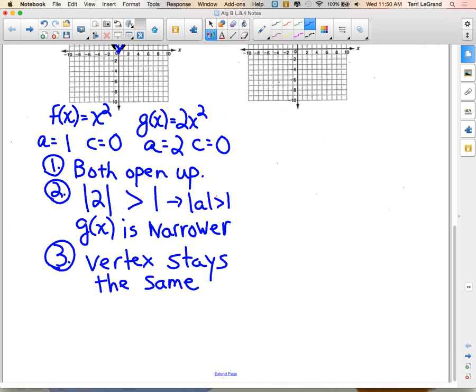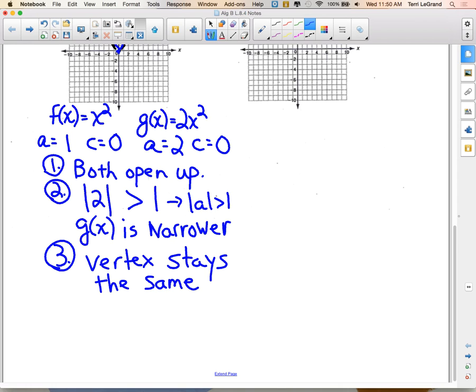So just a little note too. All the ones we're going to do, the vertex is always going to be on the y-axis. So you can always just compare the y-intercept. You can always just compare the c's. It's the b that moves it off of the y-axis, and that's why it's a good thing we don't have to do that. All of the ones we're going to do, b is going to be equal to 0.